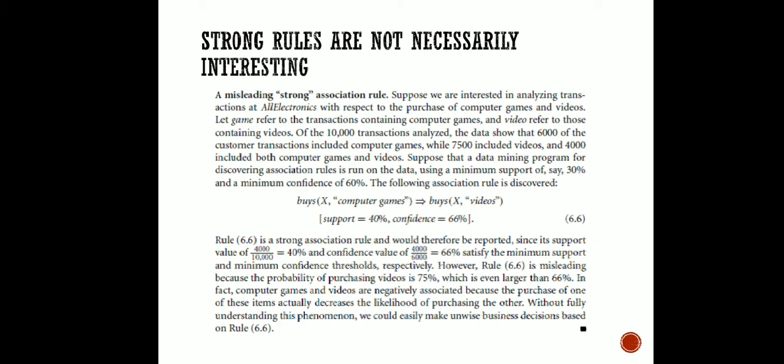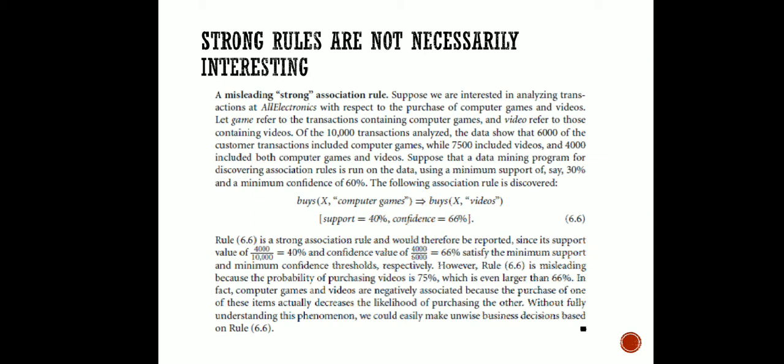Confidence means the probability of buying videos after buying the computer game, so it depends on the total set of persons purchasing computer games. Those are 6,000, and those buying both are 4,000. So 4,000 by 6,000 comes to 66%. Again it satisfies our criteria, because the minimum confidence level was 60%.